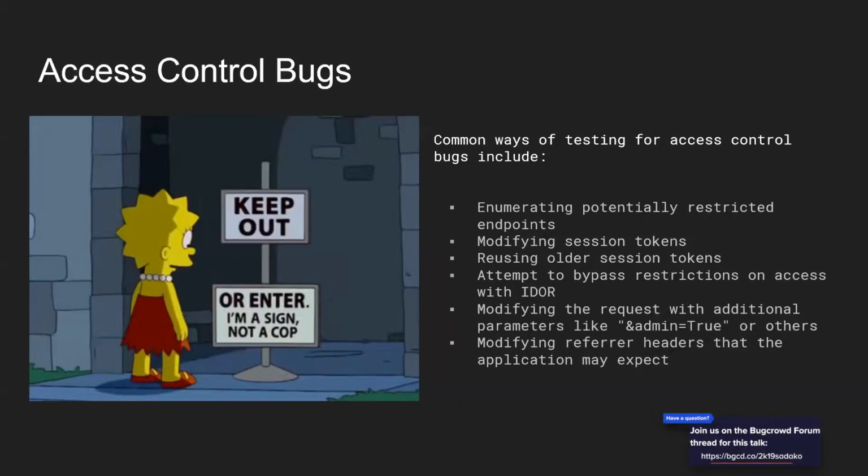People put things like admin equals true or test equals 1, and modify referer headers that the application might expect. You can actually spoof those and say that you came from some other part of the application.